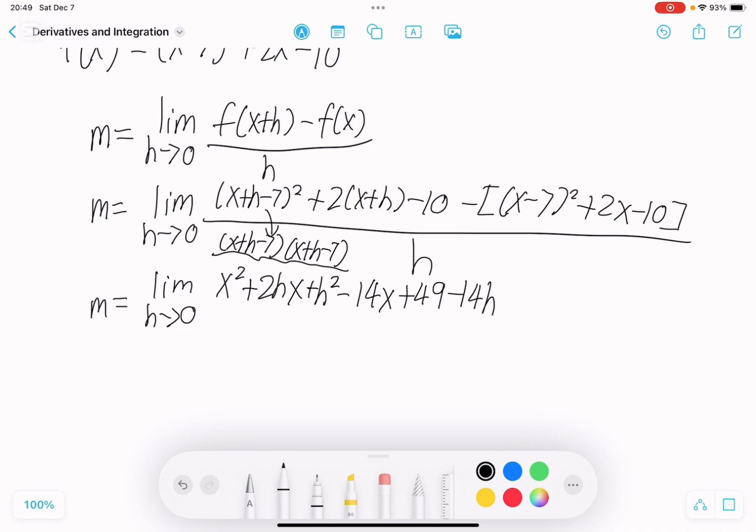Wait, we're supposed to have 6 terms, or are we supposed to have 9? Okay, this is kind of wrong.